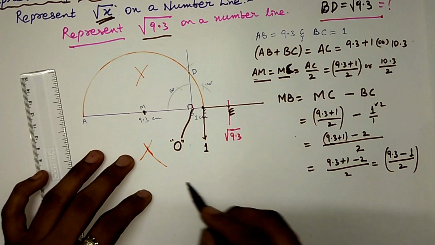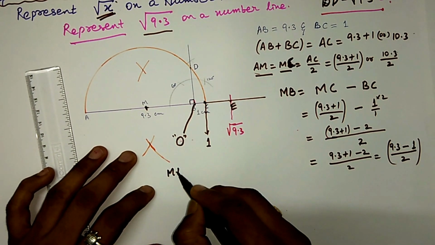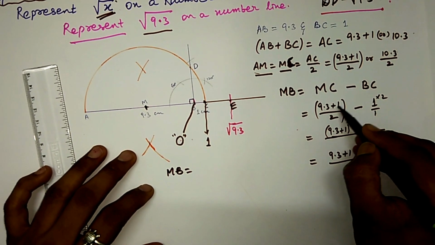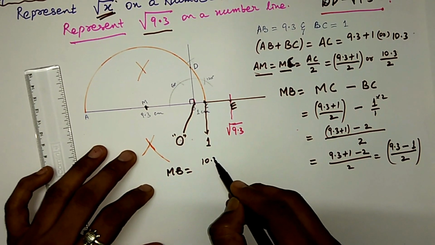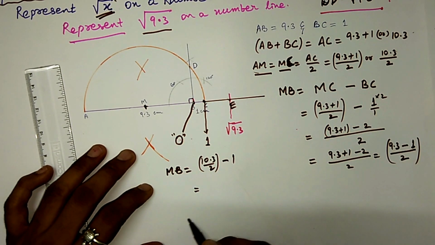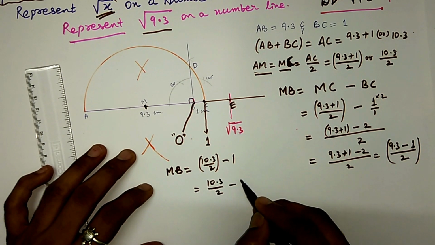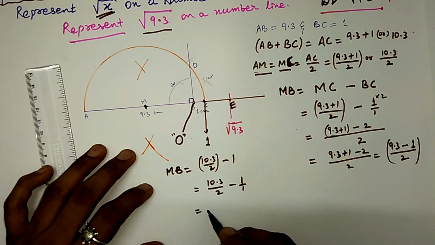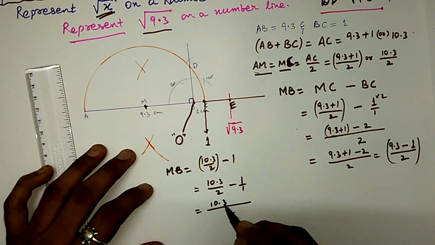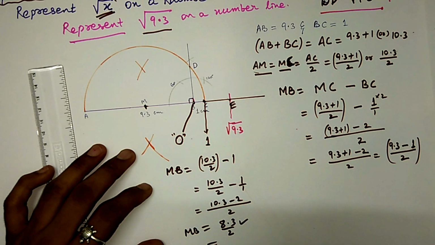If you wish, while finding MB, instead of 9.3 plus 1, you can write 10.3 by 2 minus 1, where 10.3 by 2 minus 1 by 1, by taking LCM 2, same 10.3 minus 2, it becomes 8.3 by 2, being the length of MB. Okay, this is also accepted.